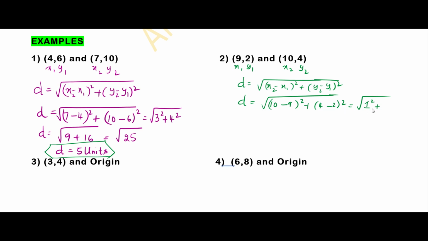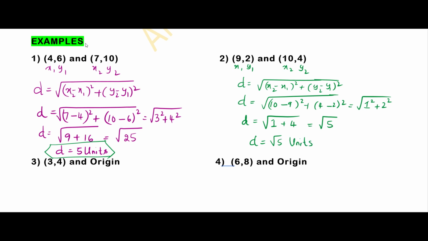What is 4 minus 2? 4 minus 2 is 2 square as it is. Now d equals square root of 1 square is 1 and 2 square is 4. We get 1 plus 4 equals 5. Now root 5 cannot be simplified. Therefore the distance between the points is root 5 units.